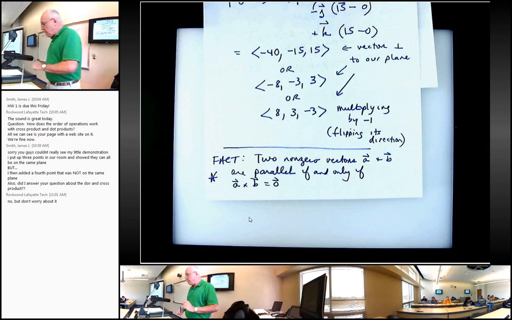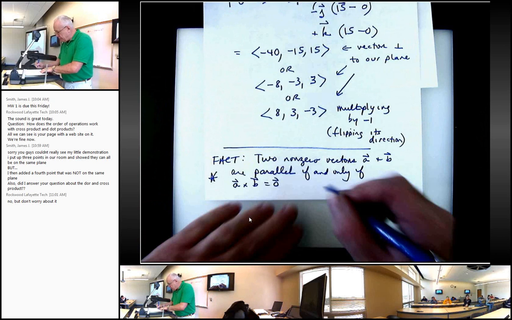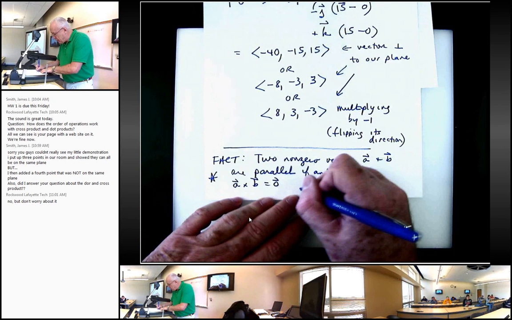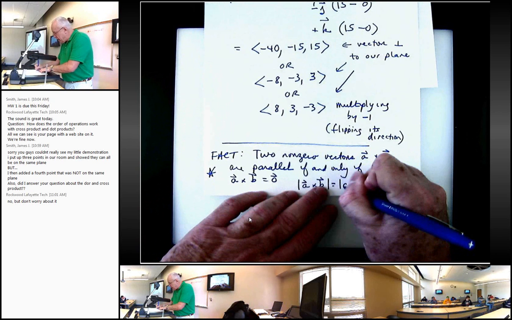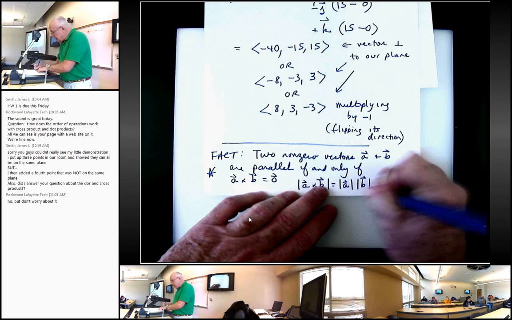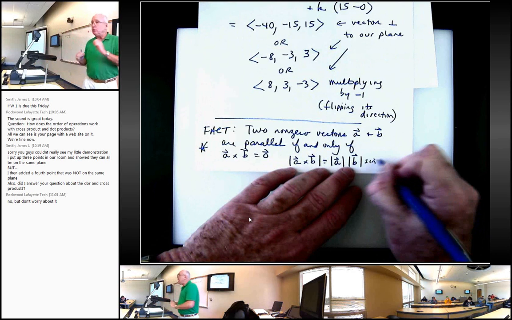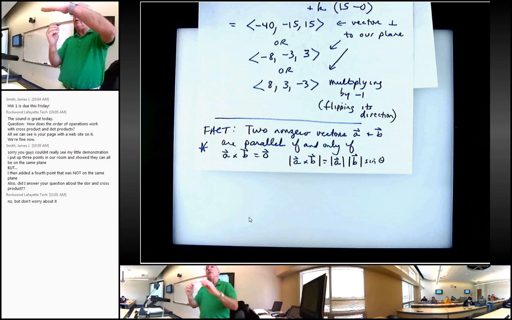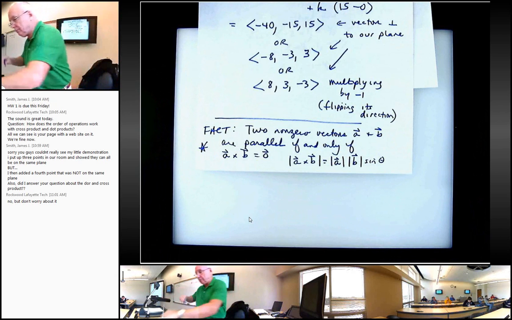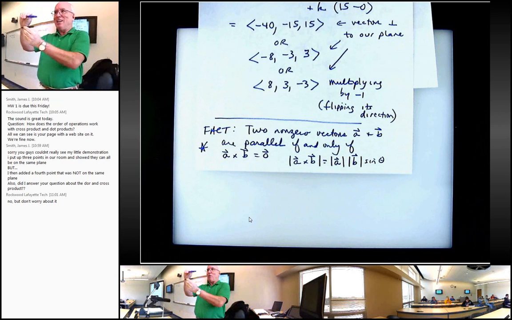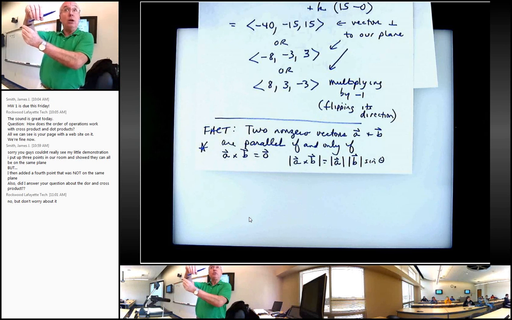Now remember that the magnitude of the cross product is equal to the magnitude of A times the magnitude of B times the sine of the angle between them. Now, if vectors are parallel, the angle between them is either 0 degrees, if they're both going in the same direction, or if one of them is flipped, the angle between them could be 180 degrees, and they're still parallel.